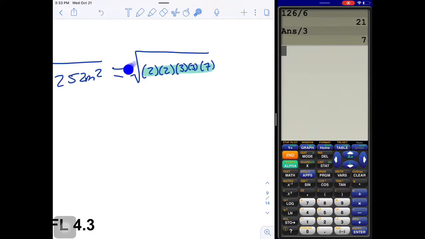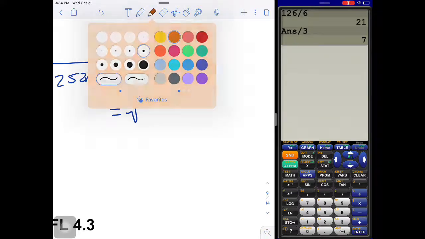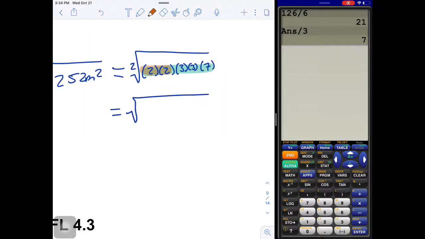Now, in order to make this into a mixed radical, I need to group depending on what my index is. So my index again is 2. If nothing is there, it's 2. So I have to group these things into groups of 2 with the same numbers. So here, hopefully you can see that I have two 2s, I have two 3s. So I can represent that as 2 squared times 3 squared times 7.